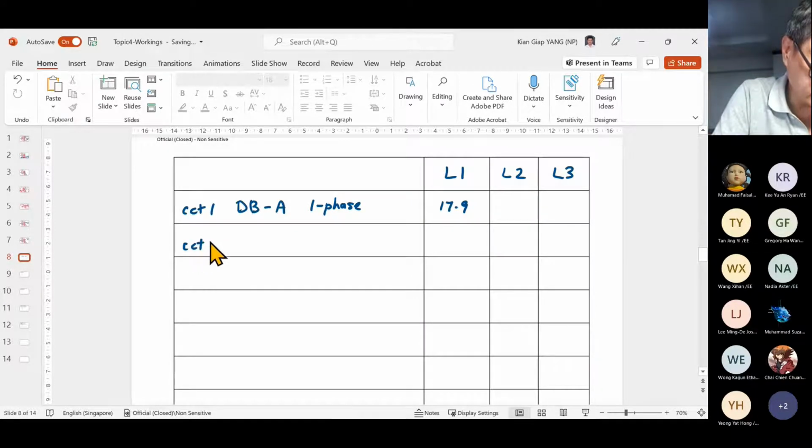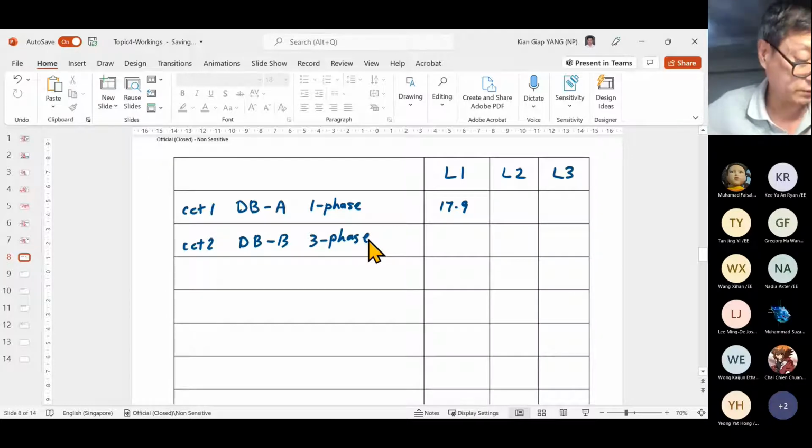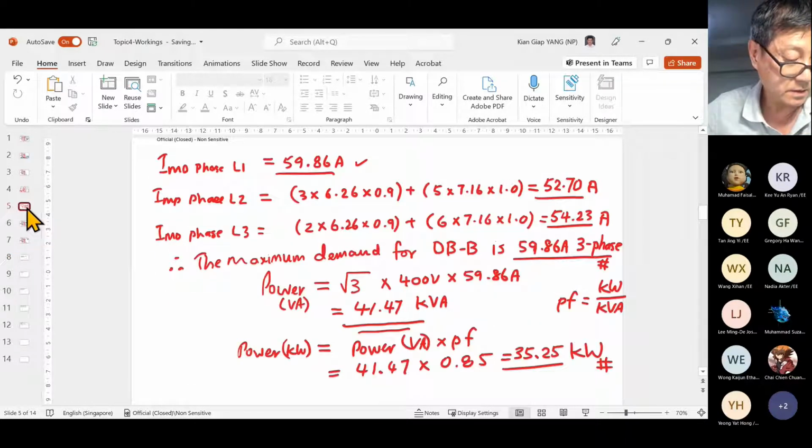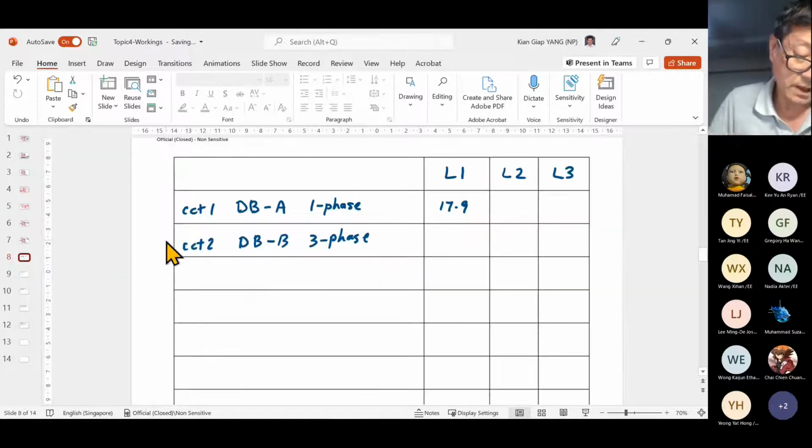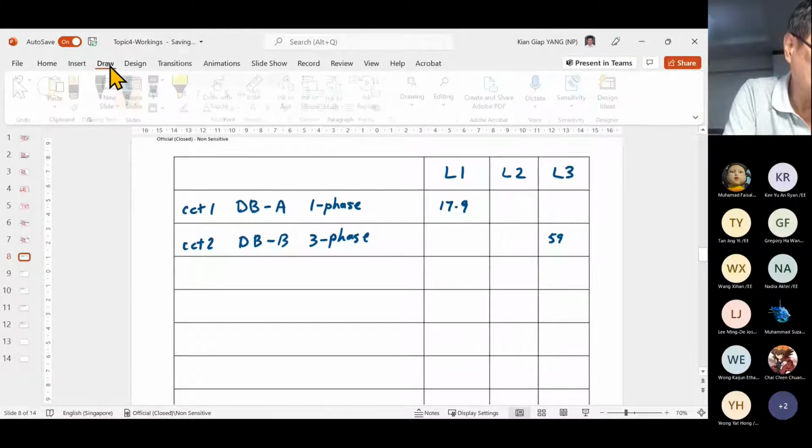Circuit number 2 is 3 phase. 3 phase means I can transfer the values from the earlier calculation here: 52.7, 54.23, and 59.86, right? So I transfer this here, 59.86, 52.7. Oh, cannot, because when I did the calculation, I already decided which phase to use.